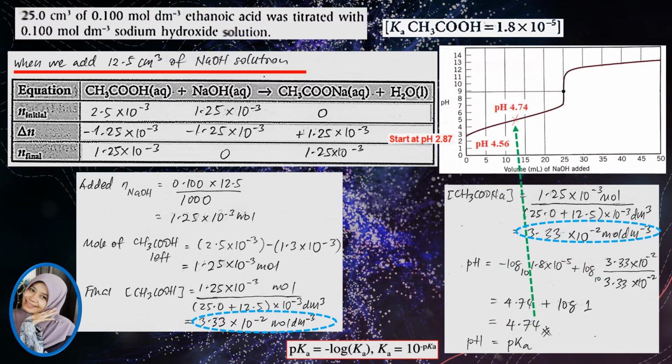Okay guys, please take note that here, when mole of acid equals the mole of salt, definitely concentration of acid will equal the concentration of the salt. Using the formula, pH of the solution is 4.74, which is equal to the value of pKa.